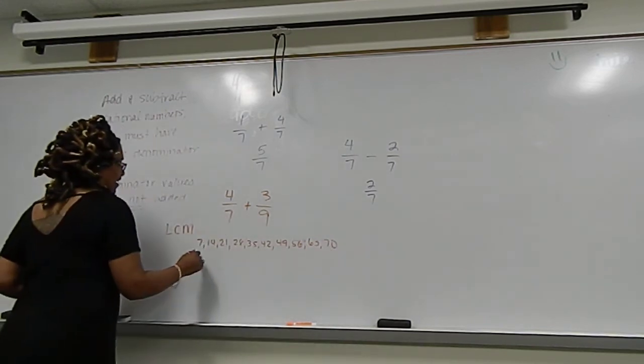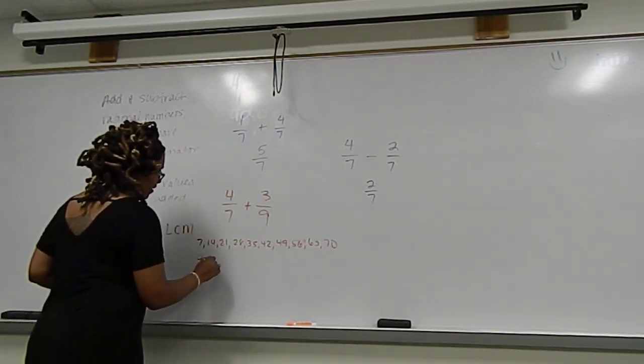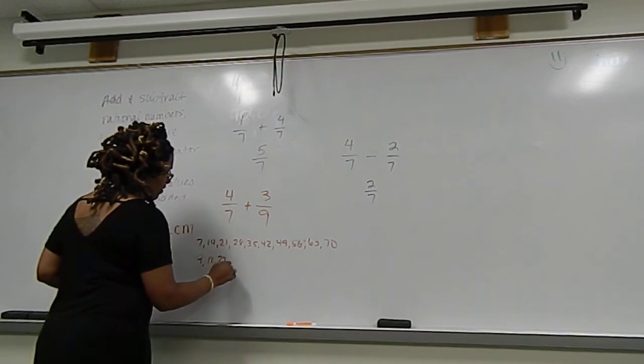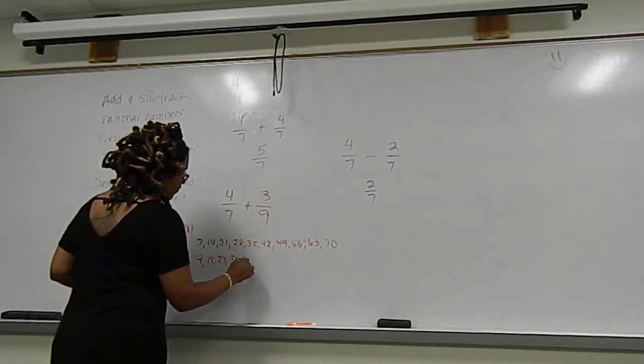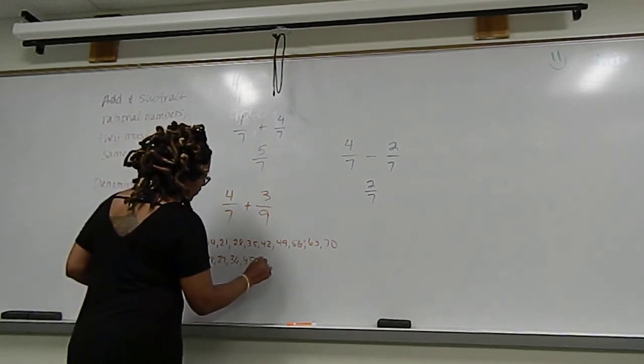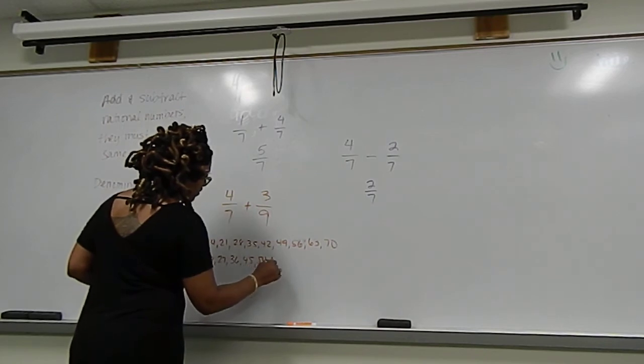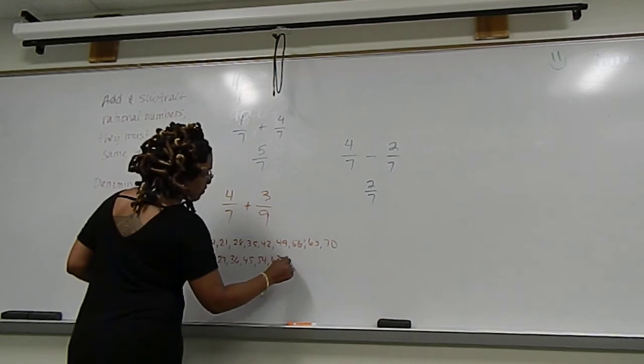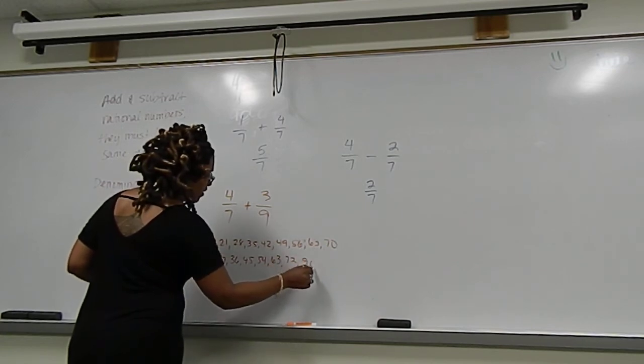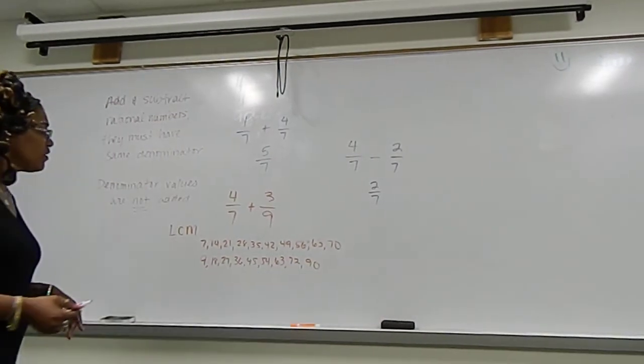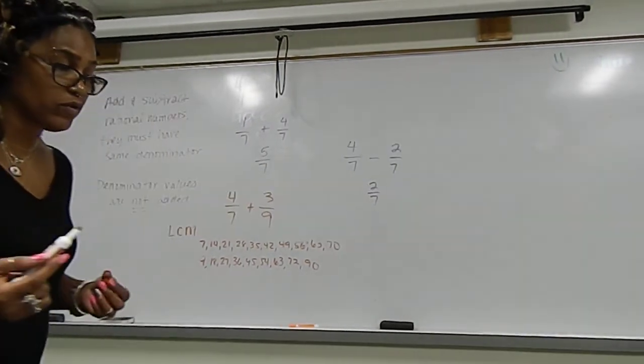Then I'll go by nines: 9, 18, 27, 36, 45, 54, 63, 72, 90, right?